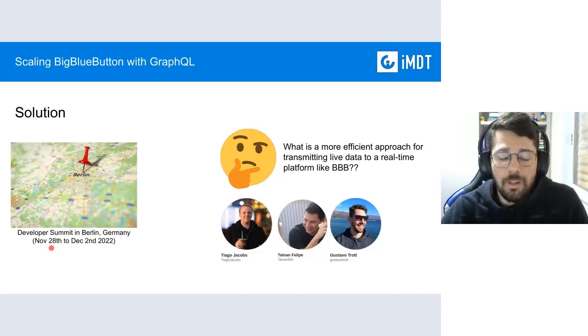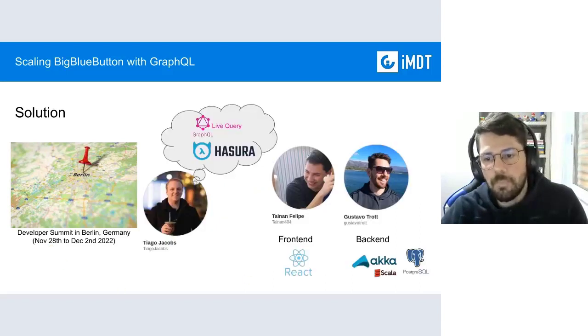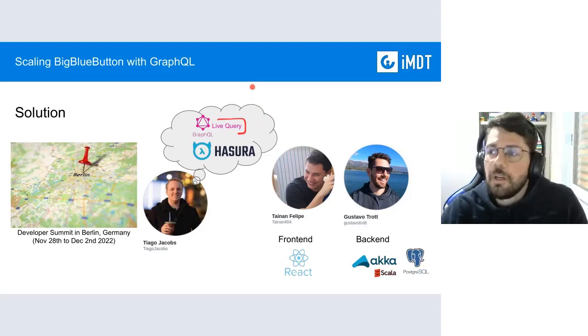So we were considering some alternatives that we could use to replace Meteor. And at some point, Tiago suggested that we could use GraphQL Live Query because it's very used in this kind of application. It's a query language, and with this, it would really address all the problems we had.